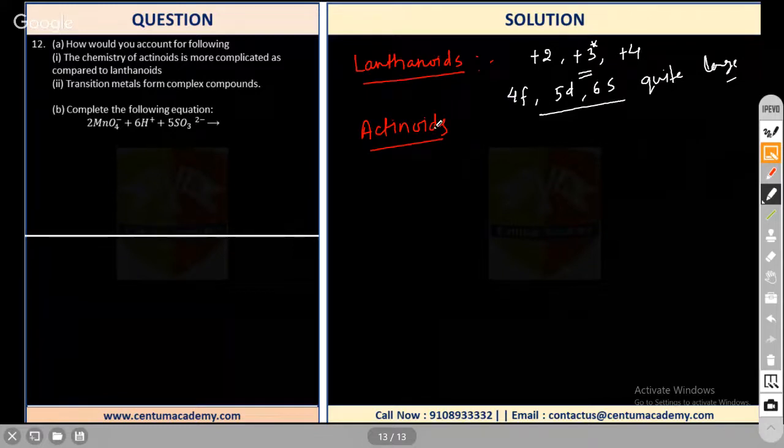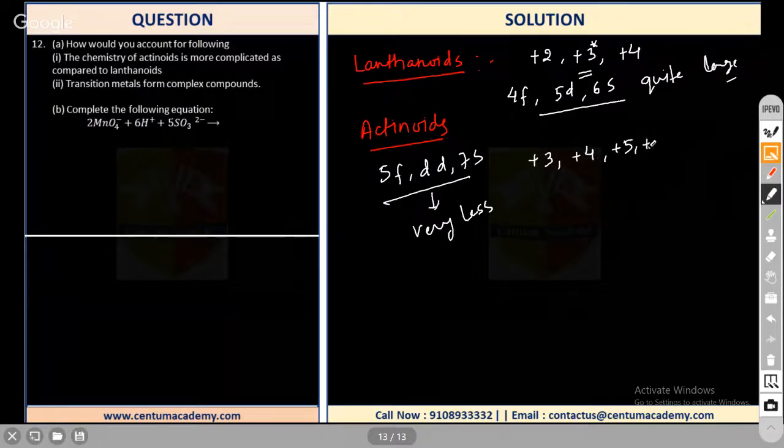But in case of actinides, what happens? The energy difference between 5f, 6d, 7s orbitals is not that large. It's very less in comparison, and that is why they may exist in +3, +4, +5, +6 oxidation states.